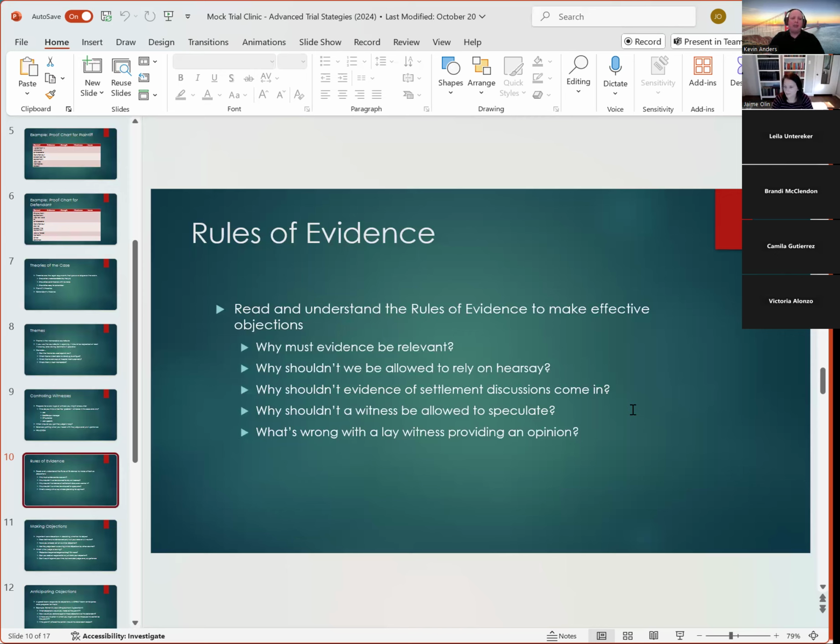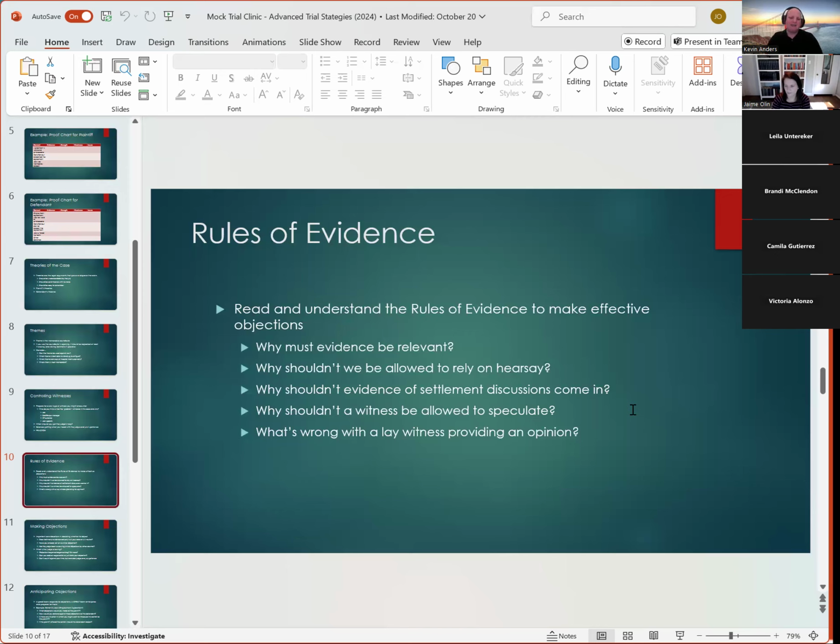And settlement negotiations are trying to resolve the dispute without having to go to trial and go through the process of going piece by piece by piece to establish that.